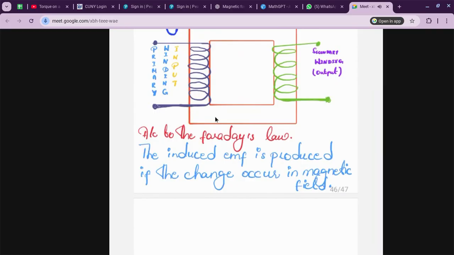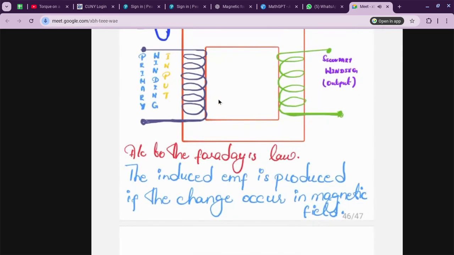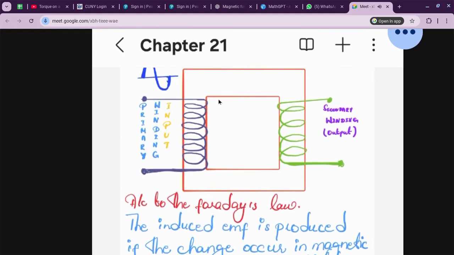Now we both agree with this point, right? But in which coil is the EMF produced? The primary coil or the secondary coil? Secondary. Why not primary?